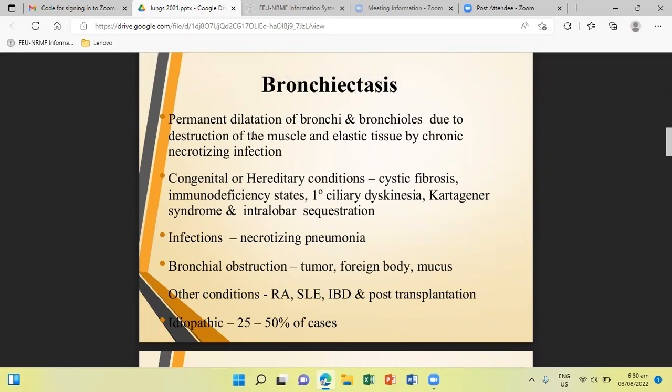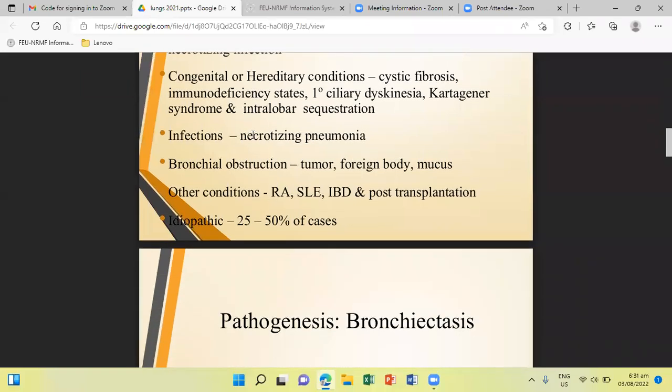Why? Because there is destruction of the smooth muscle and elastic tissue. It is often caused by necrotizing infection, which causes permanent dilatation of your bronchi and bronchioles. However, as you can see, there are other varieties of conditions that are also associated with it.